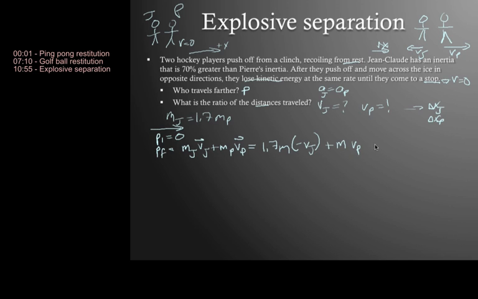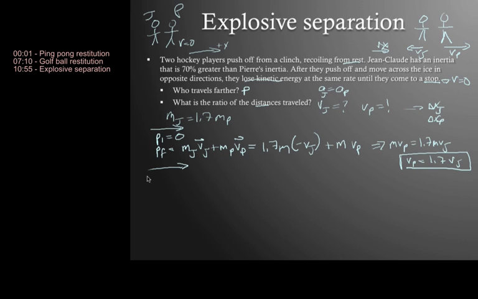So here I get m Vp is going to be 1.7 m Vj, so Vp is 1.7 Vj. And that's kind of what we predicted about the speeds of these two, in that Pierre is going to end up moving faster than Jean-Claude.